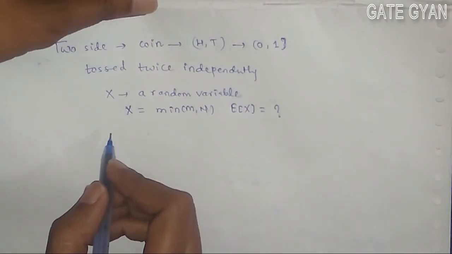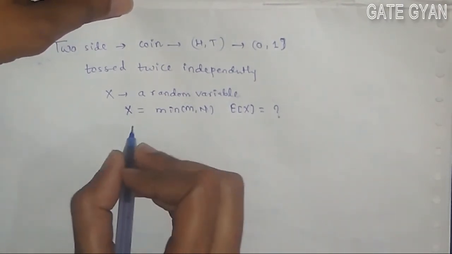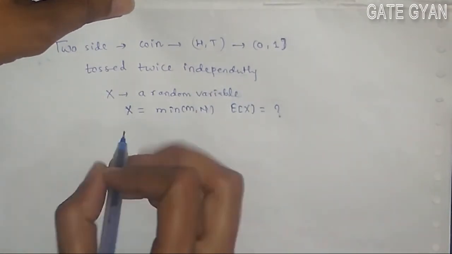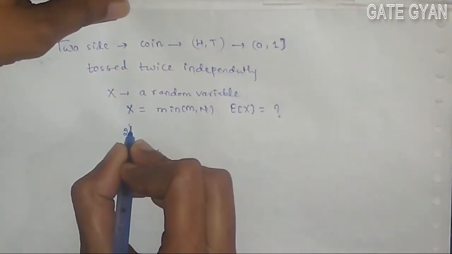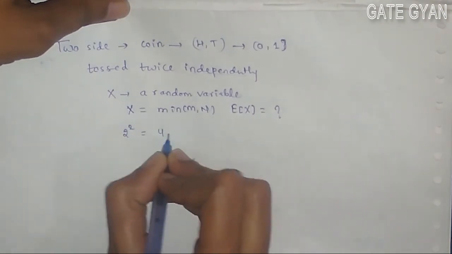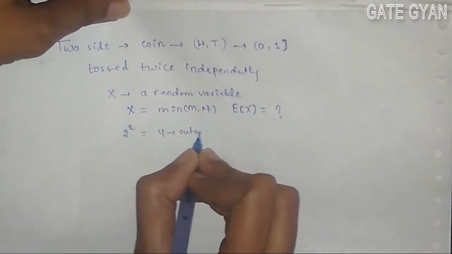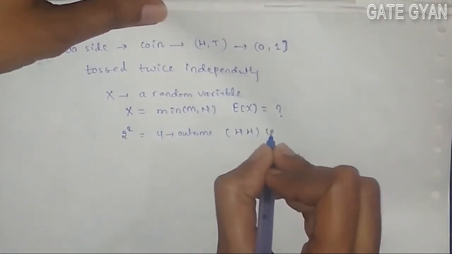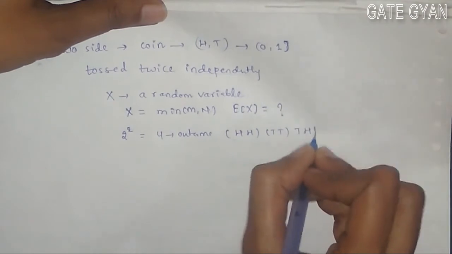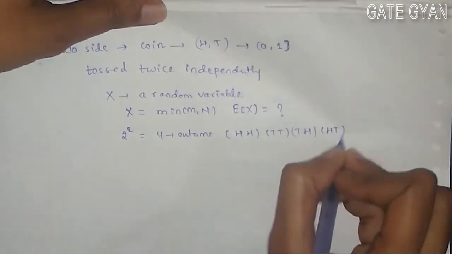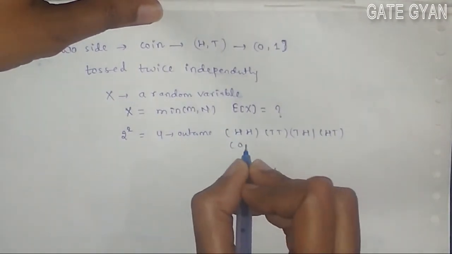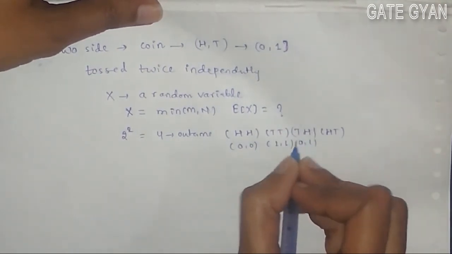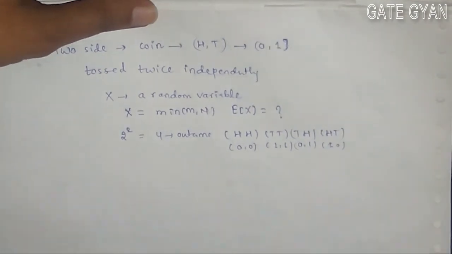So what is going to be the mean of this random variable or mean of this process? So first of all, since the coin is tossed independently, we will have 2 to the power 2, that is 4 outcomes, and these outcomes will be like head head, tail tail, tail head and head tail, or we can say 0 0, 1 1, 0 1 and 1 0.